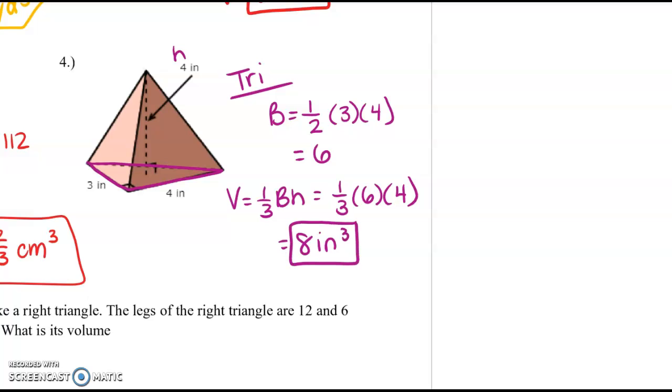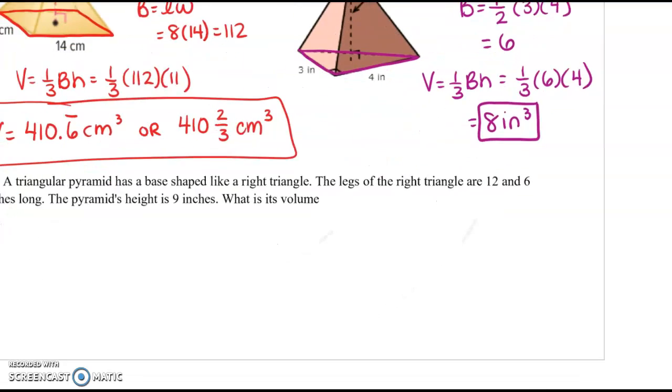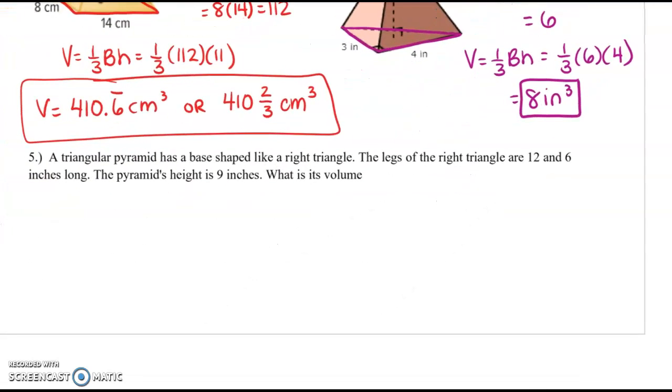They might throw in some of these word problems here in IXL, so I wanted to do a few. A triangular pyramid. So right away I know the base is a triangle. Since it's a triangle, big B is 1/2 base times height. It's shaped like a right triangle. The legs of the right triangle are 12 and 6. These are my base and my height.